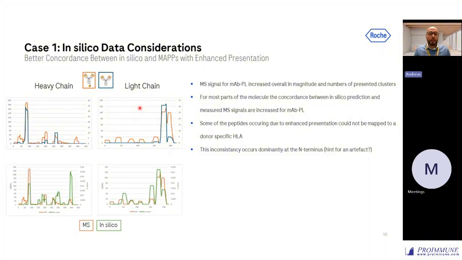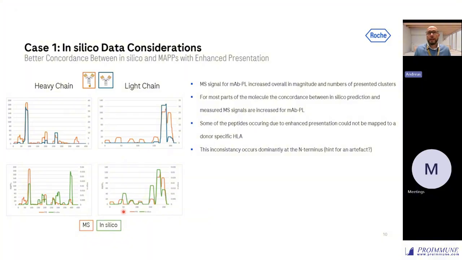And now if we look at in silico data, we just take again the same mass spec spectrum that we had from the enhanced one. And for example, here in the region around position 100, we nicely see now this concordance between in silico and the mass spec of those new peaks, which in the blue line we wouldn't have.